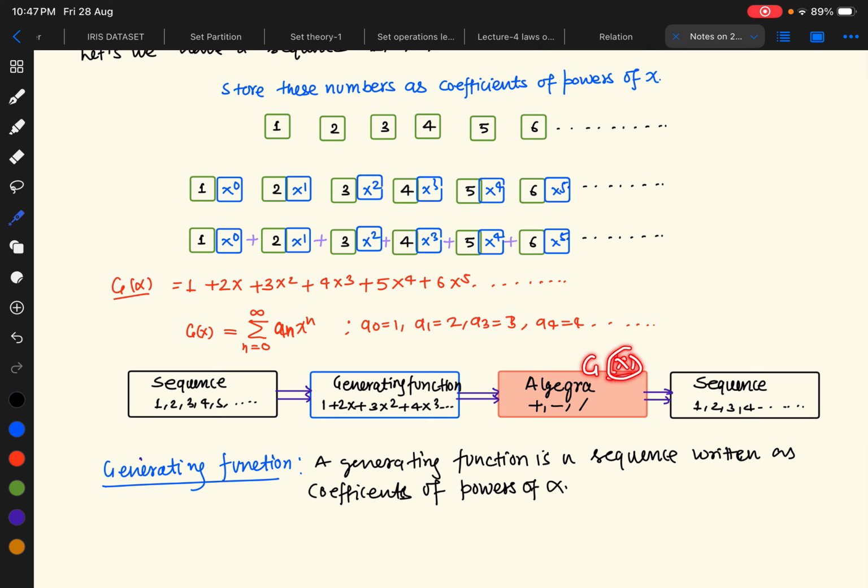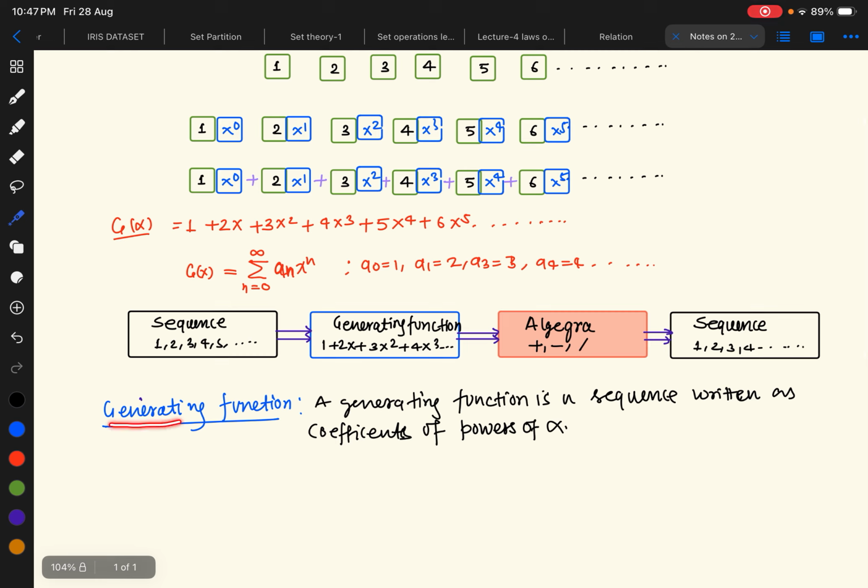So g(x) is the generating function we had. Then we get back any sequence. If you apply any algebraic manipulations, you may or may not get the same sequence that you had in the input.